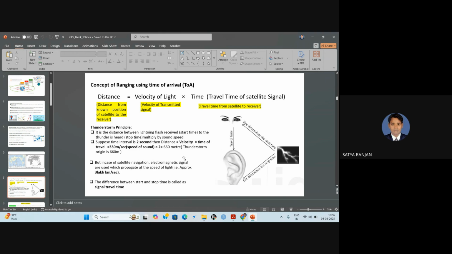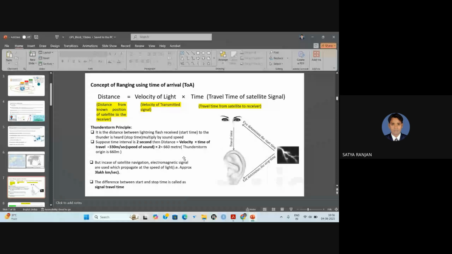Suppose there is an example, the thunderstorm principle, which is similarly used in the global navigation system. Suppose a lightning is flashed at the starting time, then we hear the sound after some 1 or 2 seconds.